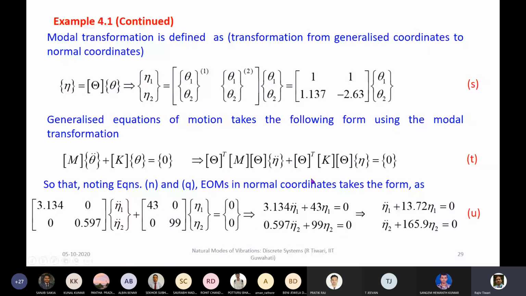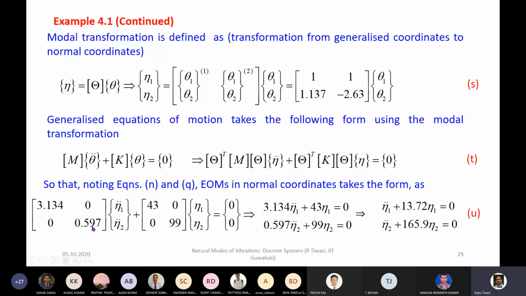So when we substitute the transformation matrix in the equation of motion in terms of the generalized coordinate, we'll get the equation of motion in the natural coordinate like this, with the transformed mass matrix this and the transformed stiffness matrix this.